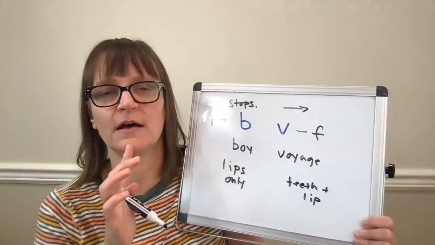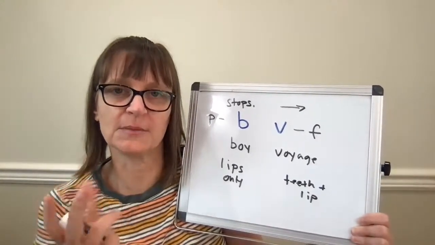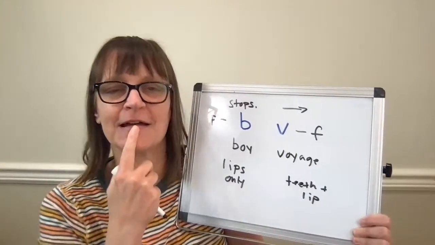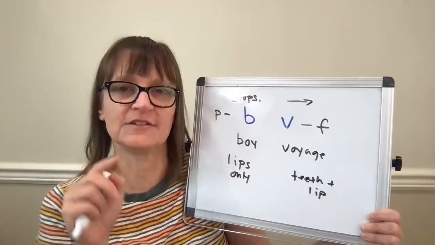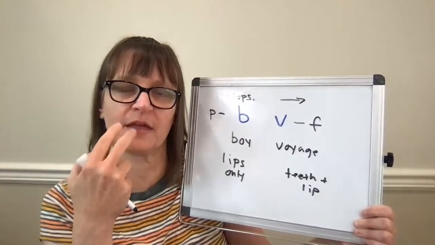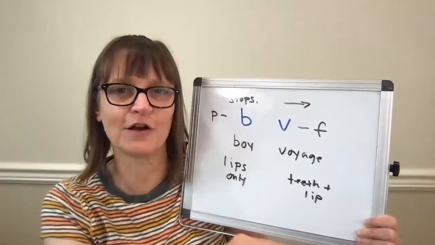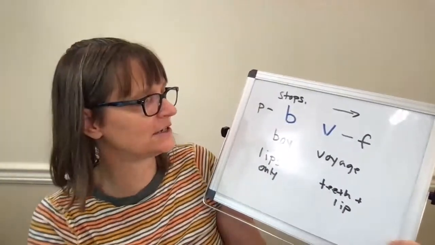V. Other people struggle with going between V and W, and I have a video to help you with that. But what you want to look at with V is that you have to have enough space, or there needs to be contact so you get that vibration, but there needs to be an airflow. That sound needs to be able to continue.